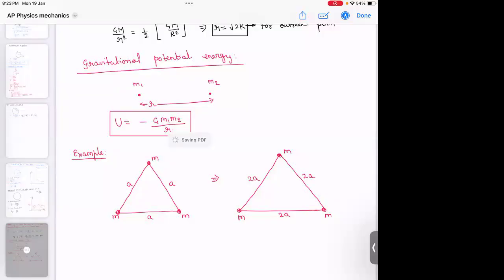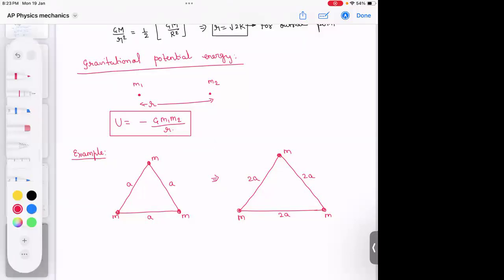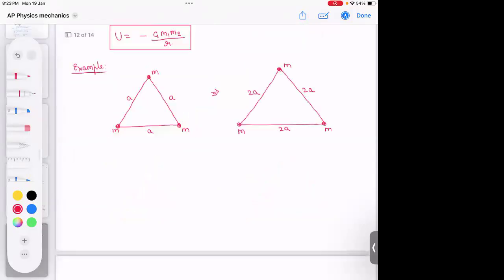Now in the question, initially the side of the triangle is A, and we have pulled it apart, so that now the side of the triangle has become 2A.